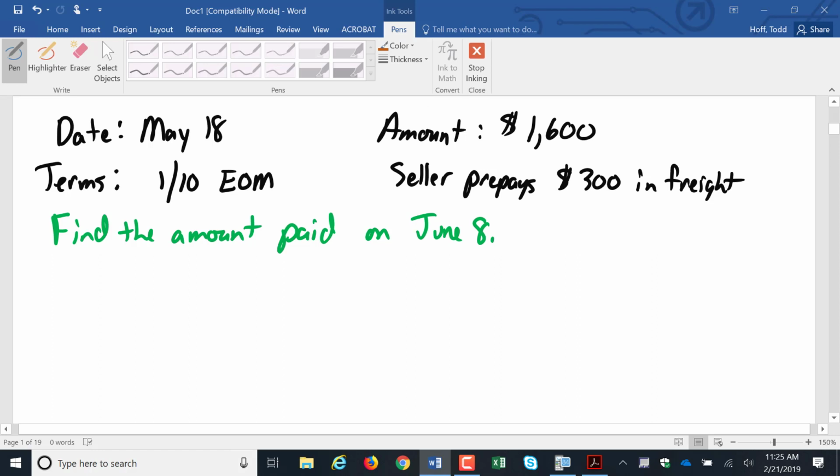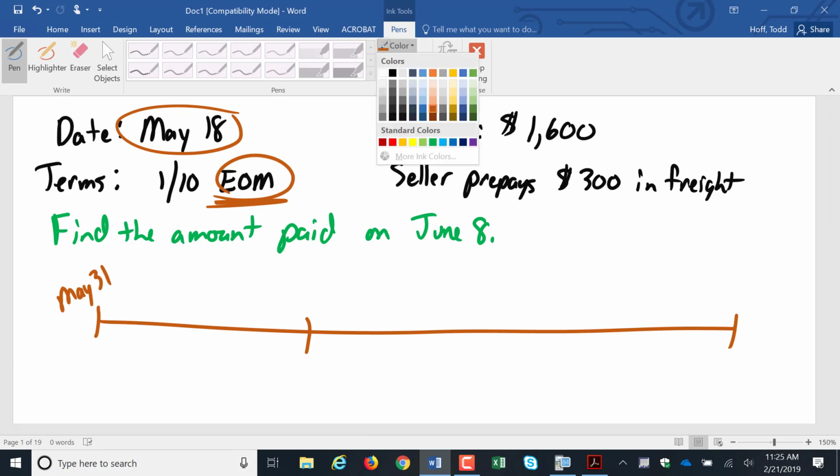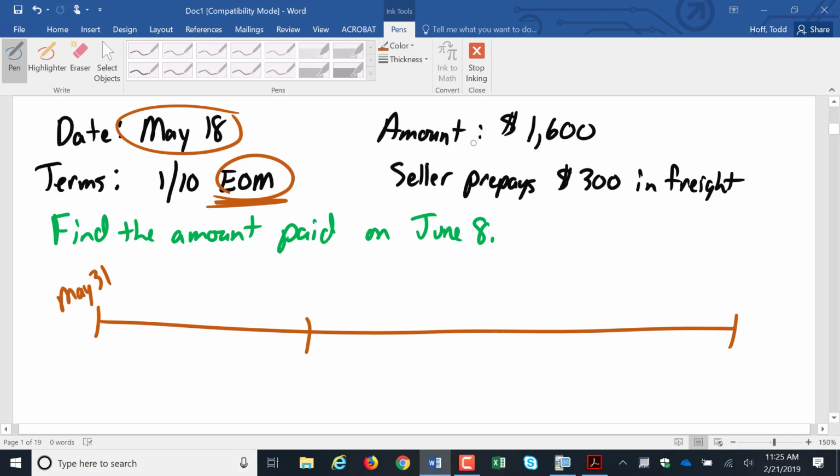So really the effects of that EOM here deal with the timelines. Our timeline does not start at the invoice date of May 18th. It starts at the end of that month. May has 31 days, so it's going to start on May 31st, which makes it really convenient for finding the end of our discount period and our credit period.